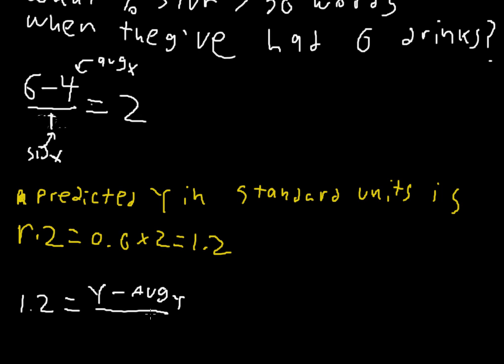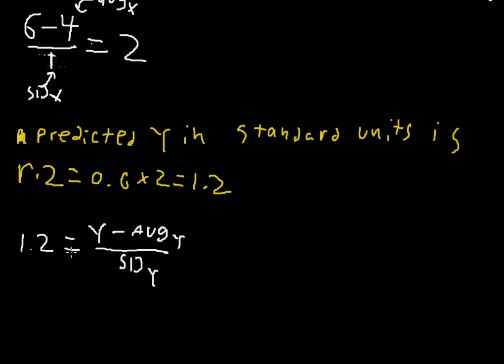So now we can solve, and we get y is equal to SD y times 1.2 plus the average of y.